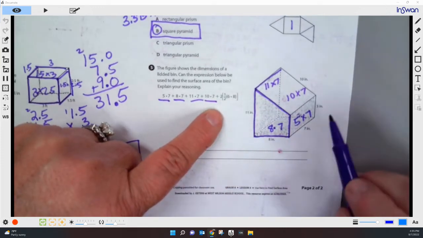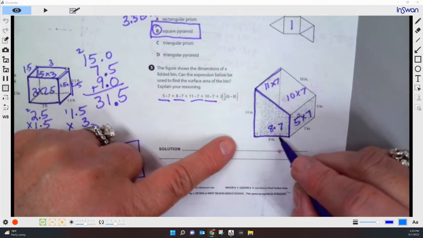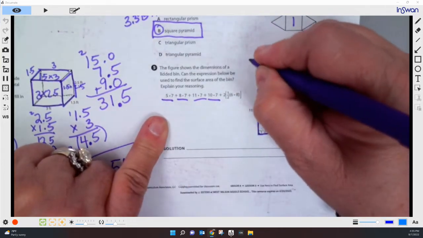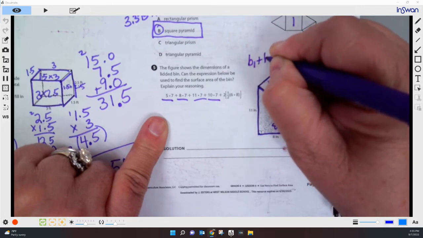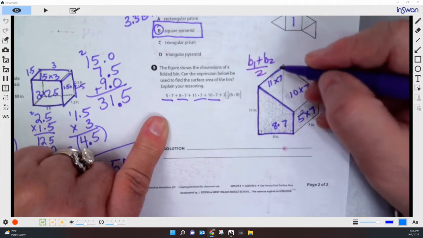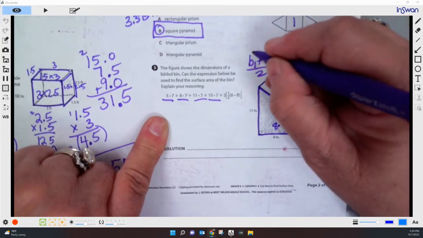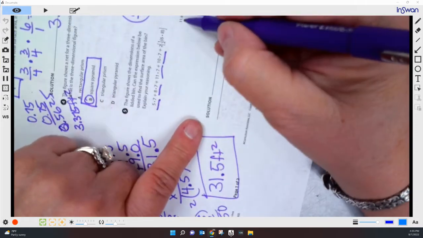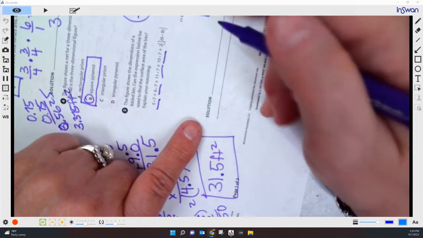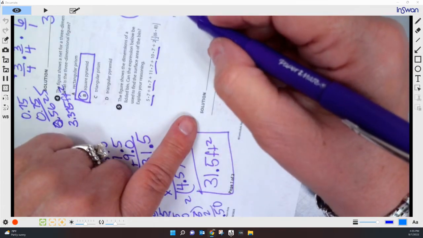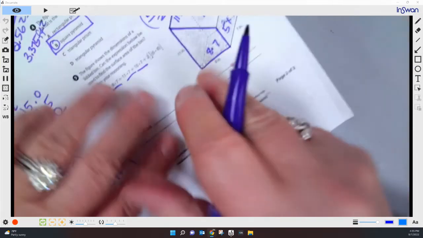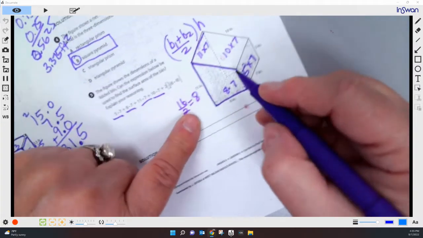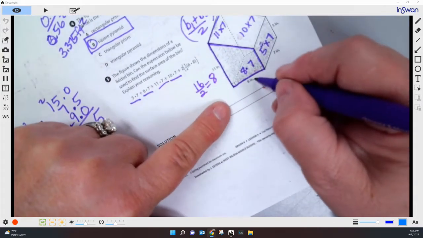Now we're left with the trapezoids on each side. And on the trapezoids, remember the formula for a trapezoid is base 1 plus base 2 divided by 2. That's the average of the top and the bottom times the height. So let's look at what we have. We have the base 1 is 5, base 2 is 11. So 5 plus 11 is 16 divided by 2, which means our average of the bases is going to be 8, and the height is 8.